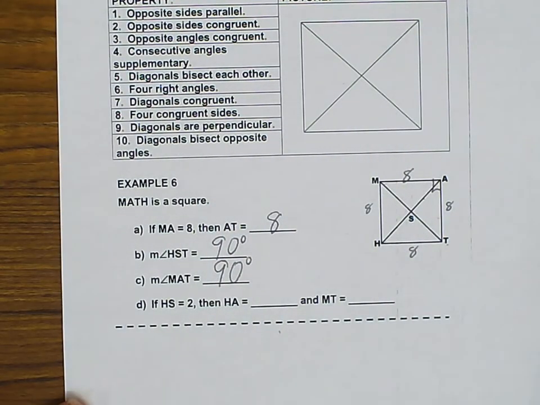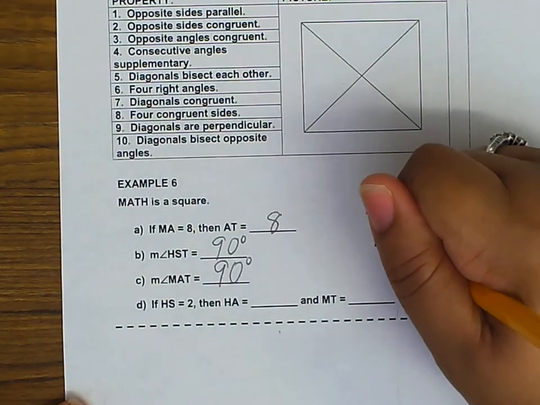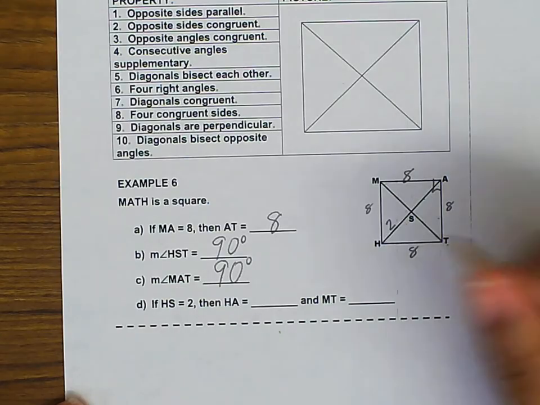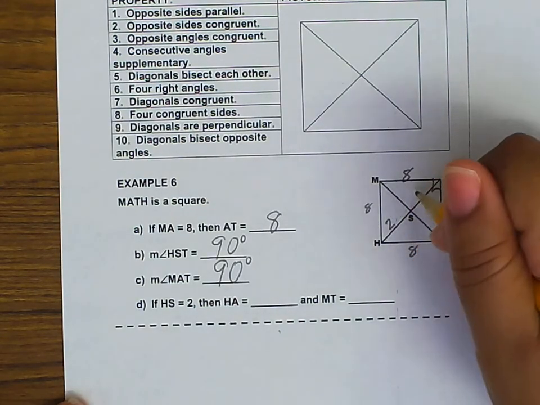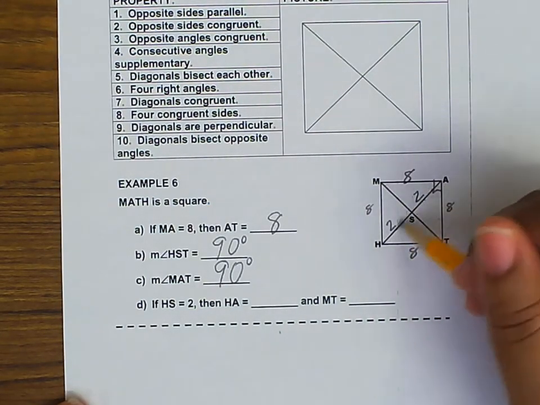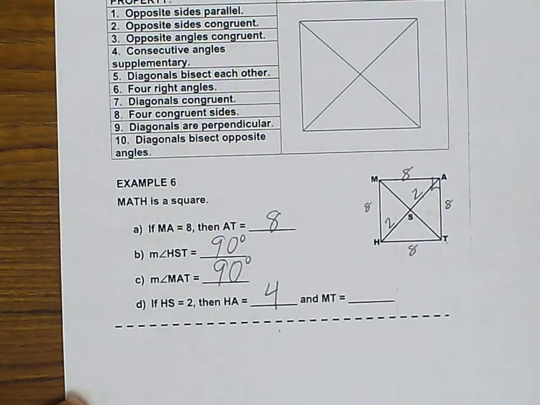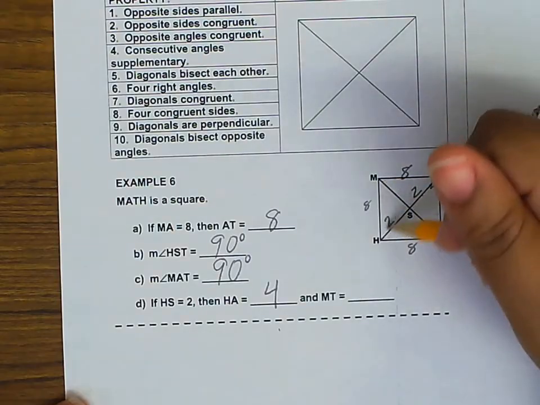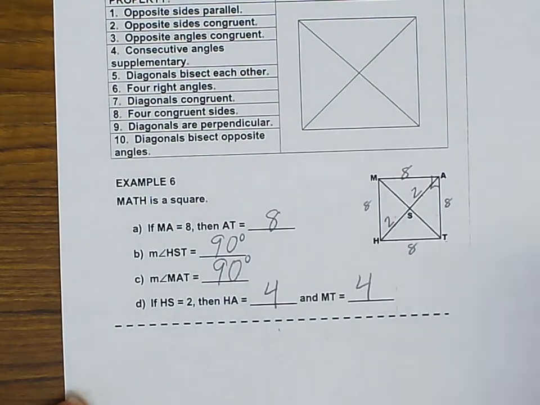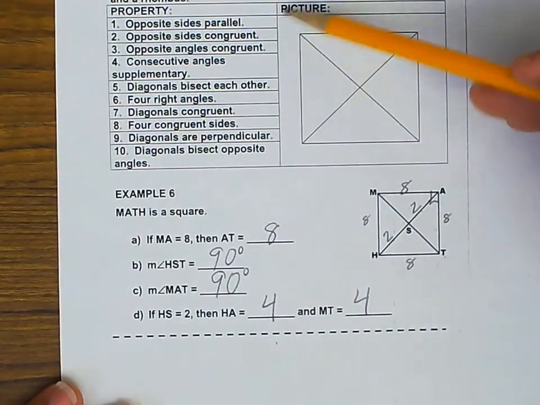All right, and it's saying if HS is 2, then HA would be what? So both of these have to be bisected, so there's 2, 2, so the entire length would have to be 4. And so these are congruent. This is 4, that's also 4.